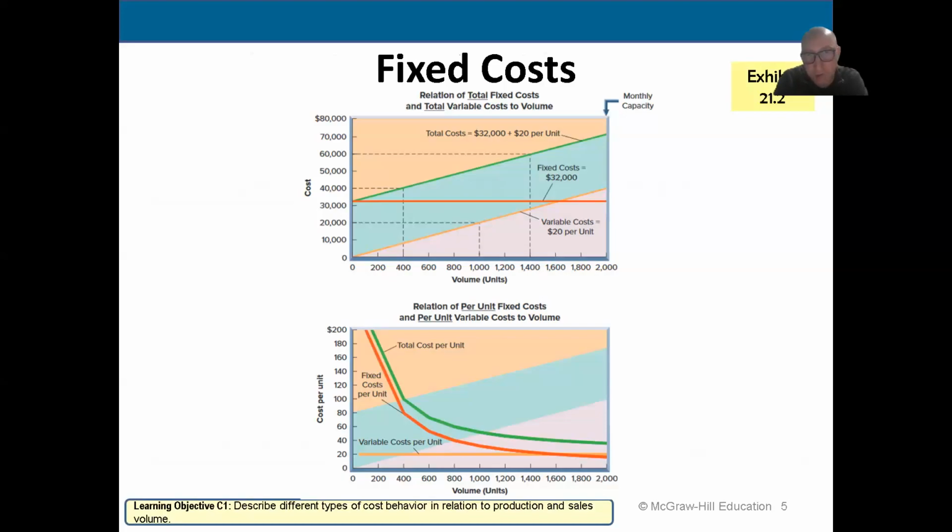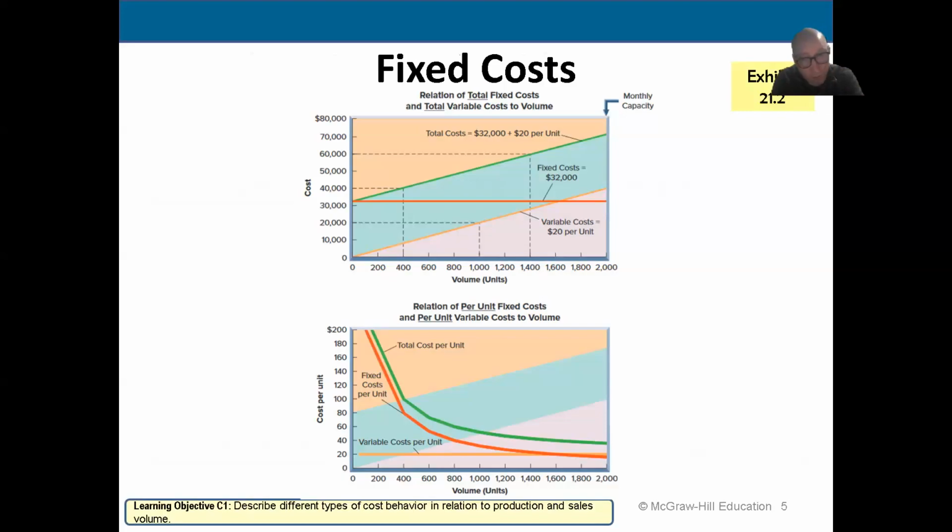Fixed plus variable costs need to be covered in order to generate a profit or to break even. We call these total costs. Fixed plus variable cost equal total costs.